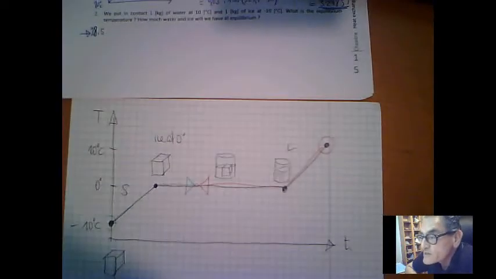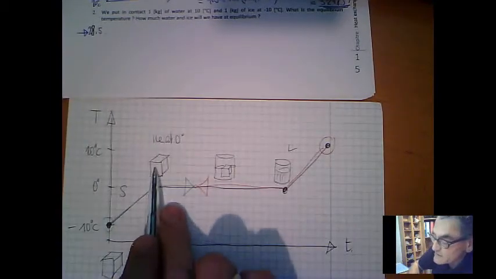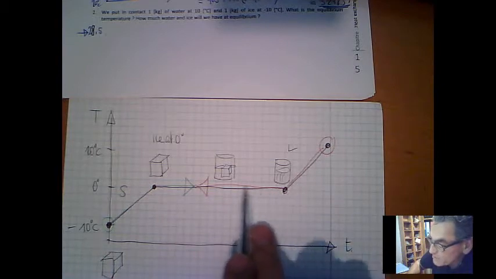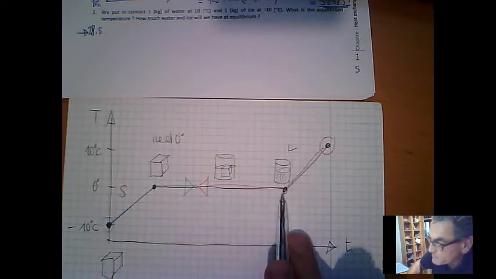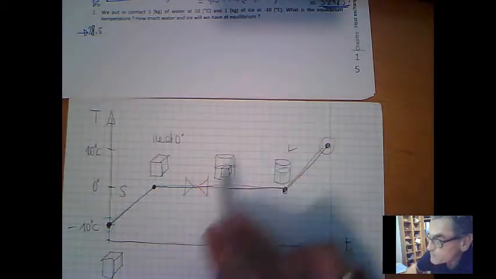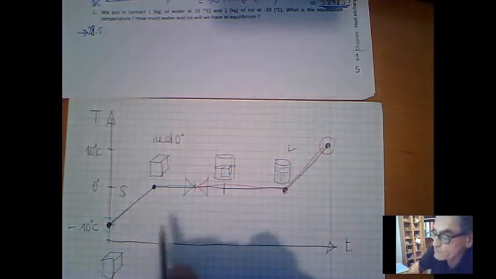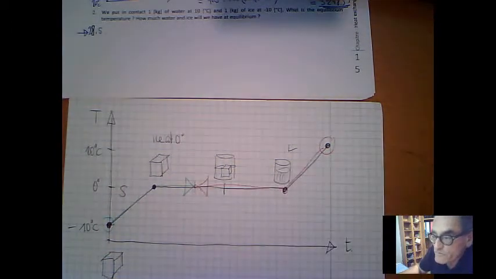We have a mix. Okay, and the quantity of ice that is transformed into water is proportional to the length of this line. So at the beginning you have only ice, at the end you have water. In the middle of the plateau you will have half ice, half water, and at 1/3 of the plateau you will have 1/3 of water, 2/3 of ice, etc.